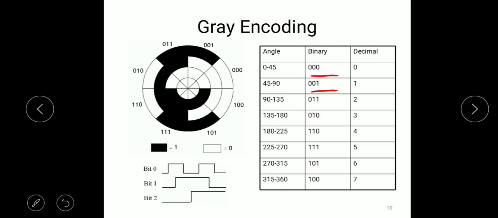Like that, if you compare all of them, there is only one bit change compared to the previous output. That is the difference between a binary code and a gray code. Notice only one bit has to change in every transition.